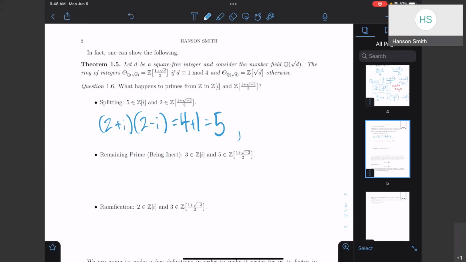So let's see if I can remember how 2 splits here. Do I get 1 plus square root of minus 3? No, that won't work. Goodness gracious. Can anybody help me out here?